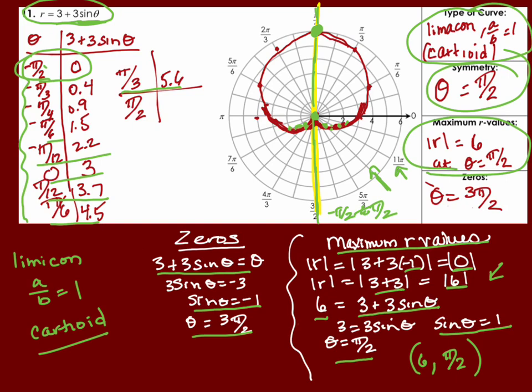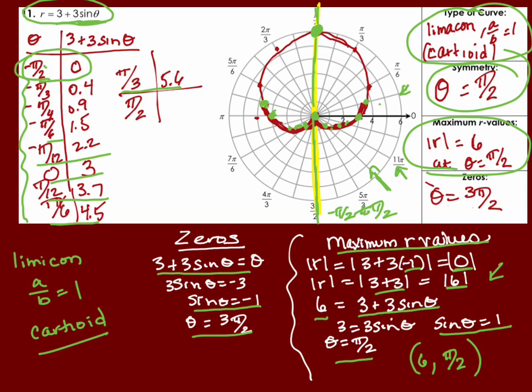Okay, we're getting those. And then 0 was 3, so we have a good point, 0, 3 here, and we would have a point over here, opposite. And then pi over 12, that's this line right here, we have 3.7, so I did a point there, and a point there.